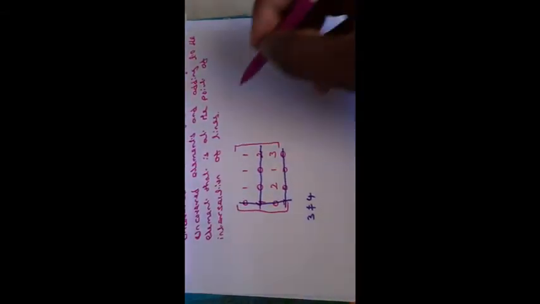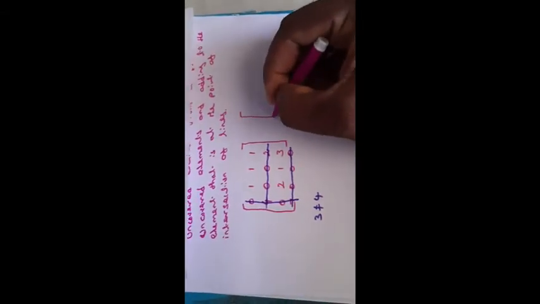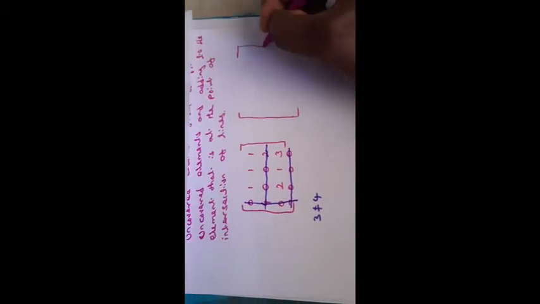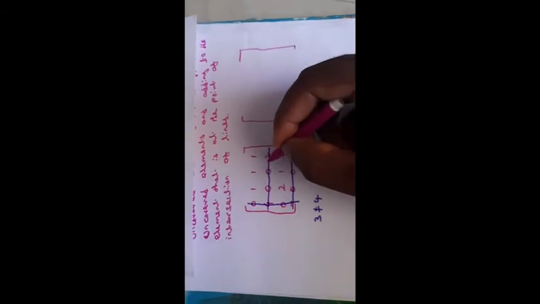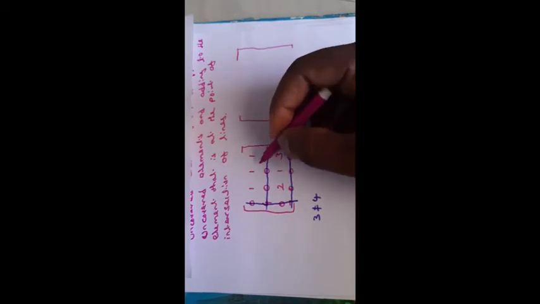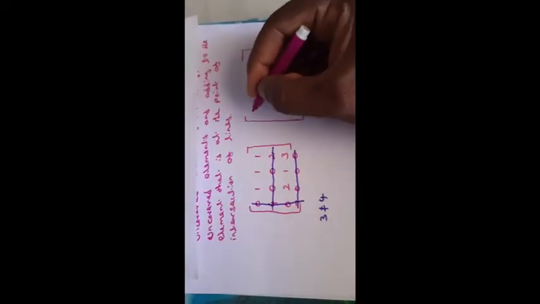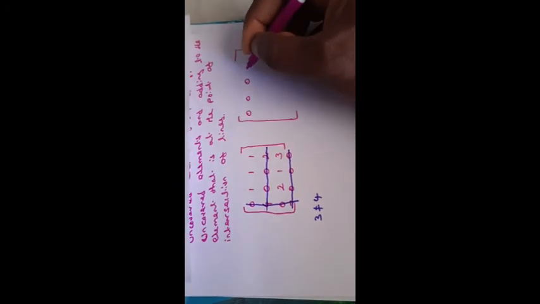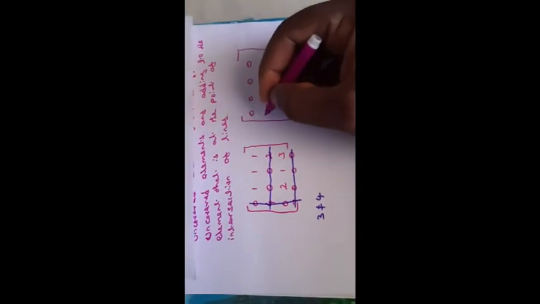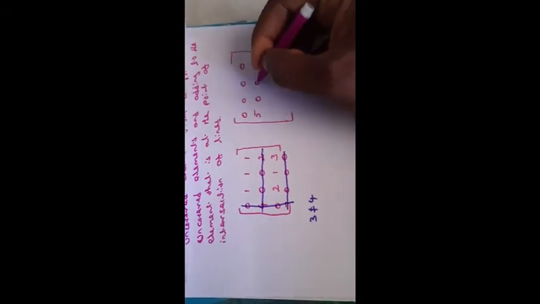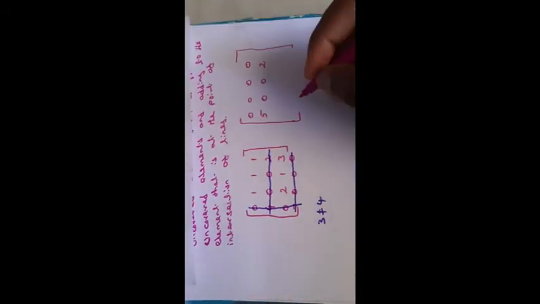So again we need to modify the matrix. The same, we need to select the minimum value from the uncovered elements. The minimum value is 1. 0, 0, 0, 0. The intersection point 4 will be converted into 5, 0, 0, 2.